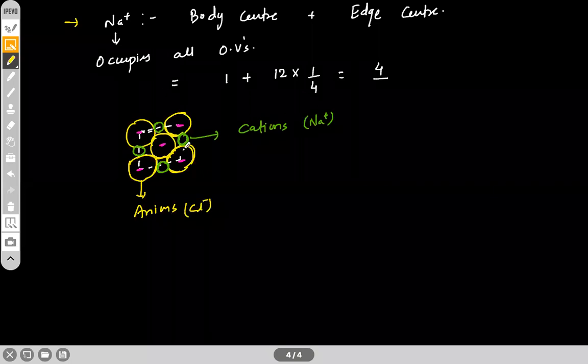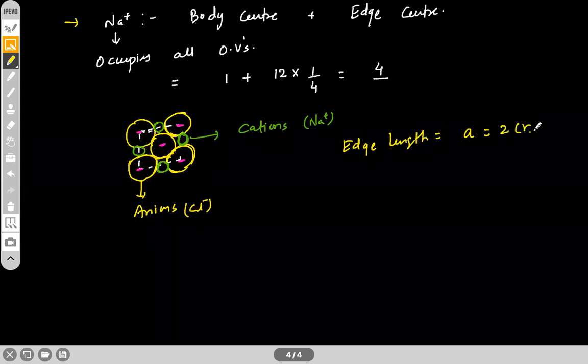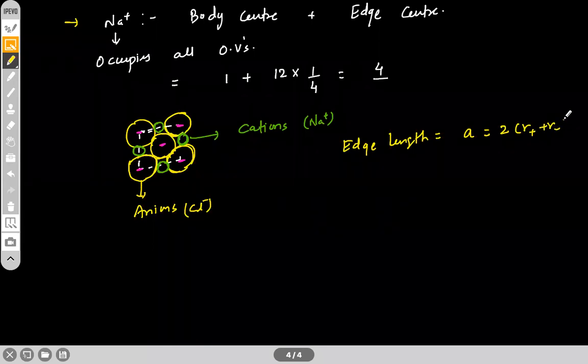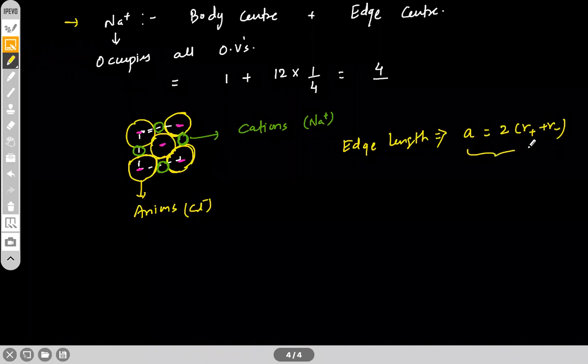So if I ask you what is the edge length, edge length is equal to a, and this should be equal to r minus plus 2r plus plus r minus. So can I write this as 2r plus plus 2r minus? This is a relation of a and r like we had in covalent compounds.